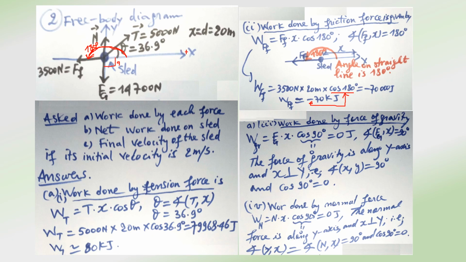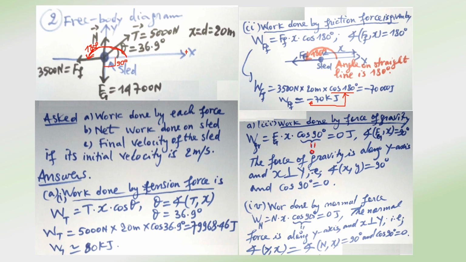This is a right angle. That is the reason why the angle between the force of gravity and the x-axis is 90 degrees. Then we know that cosine of 90 degrees is always equal to 0. Then 0 times any number gives 0.